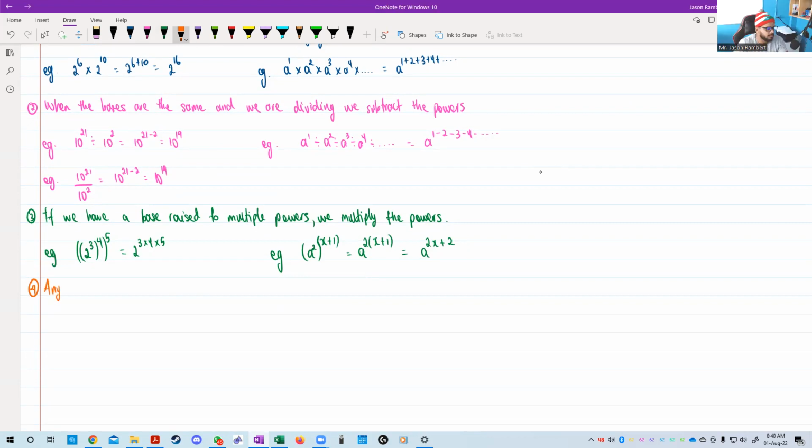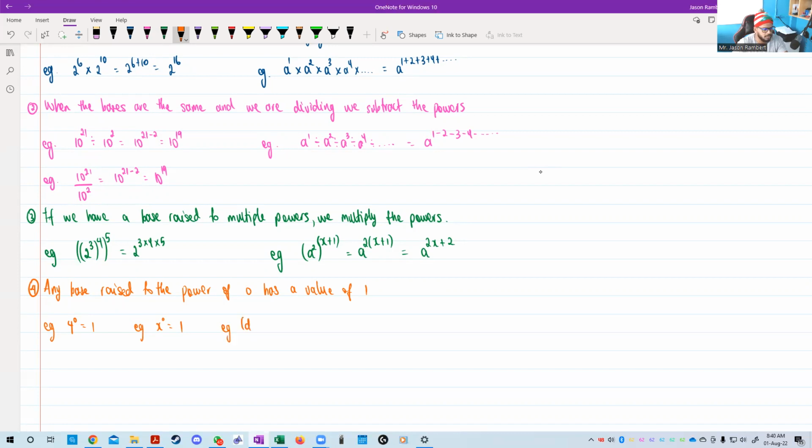Any base raised to the power 0 has a value of 1. For example, 4 to the power 0 is 1. X to the power 0 is 1. As long as the power on any base is 0, the value is 1.